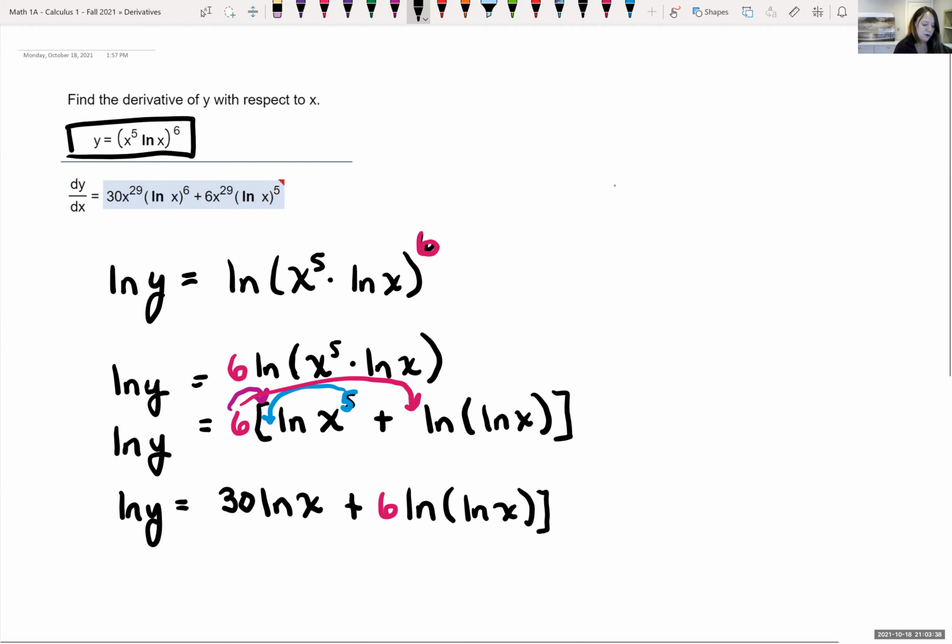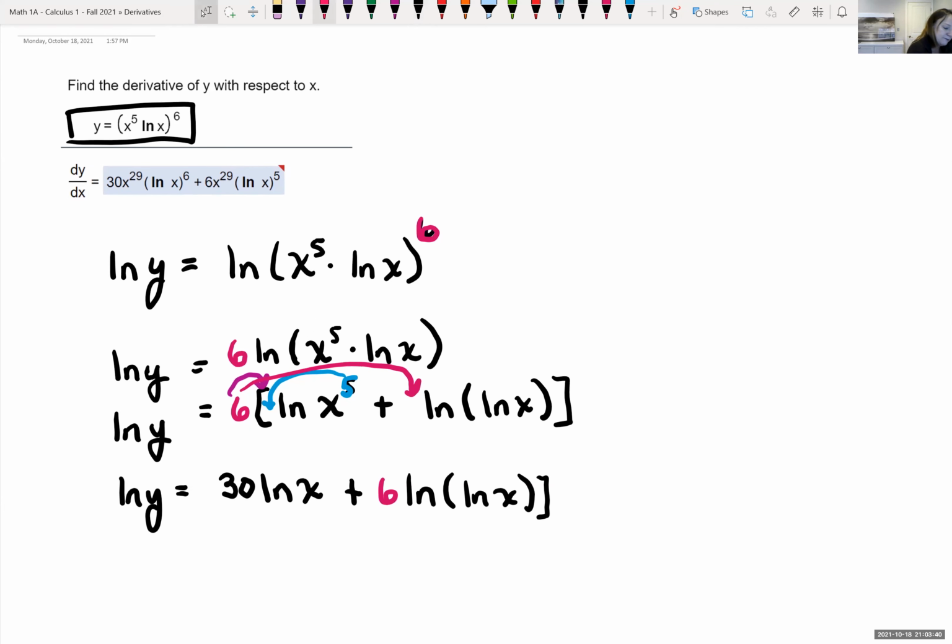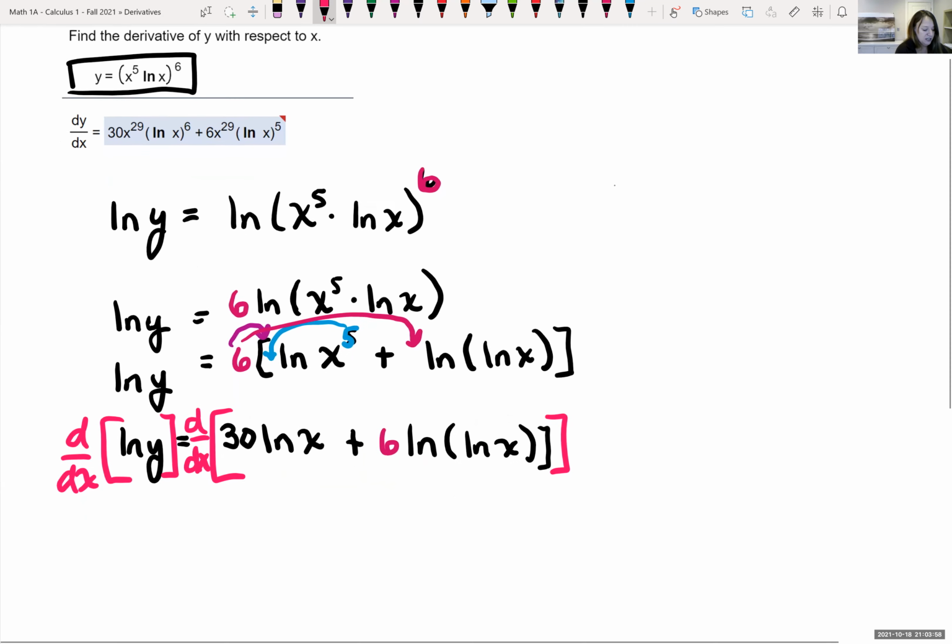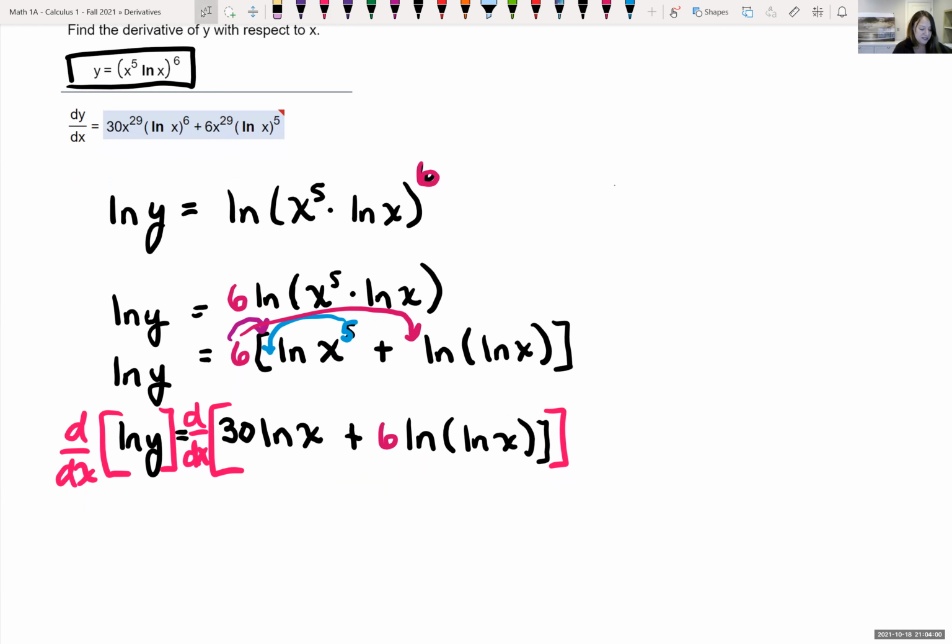And so we're taking the derivative of both sides of our equation. The derivative of natural log of a function is 1 over the function times the derivative of the inside.